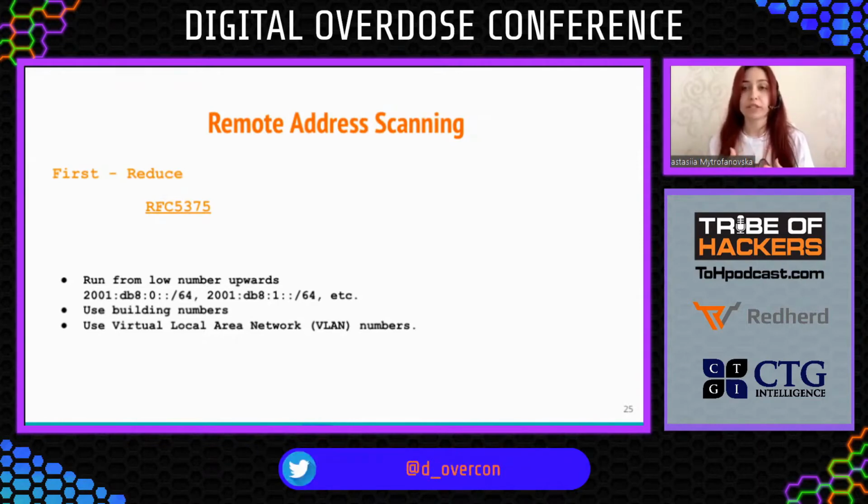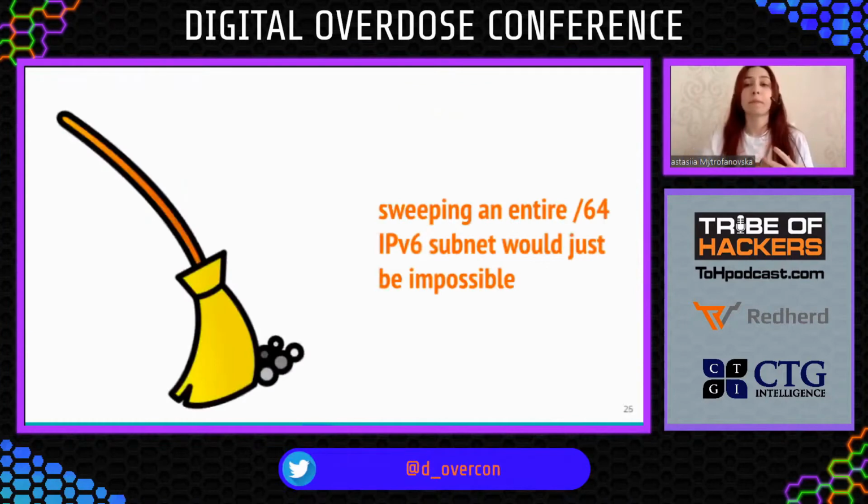For example, there are a number of documents available online, like RFC 5375, that can provide some recommendations for the allocation of address space. And address plans might include addresses that, for example, run from low numbers upwards, use building numbers in hexadecimal or decimal form, and even use VLAN numbers.